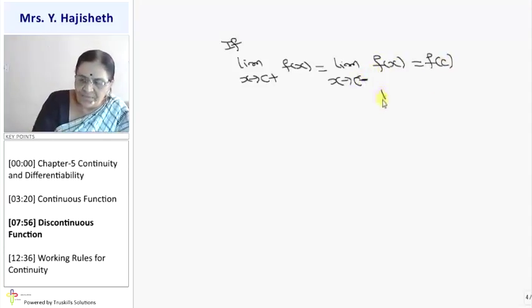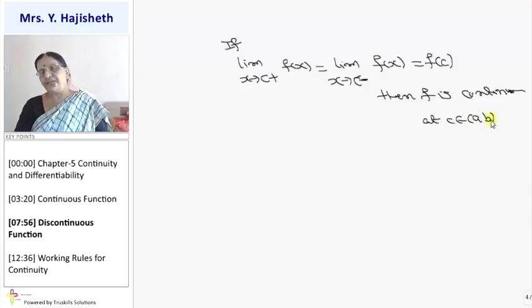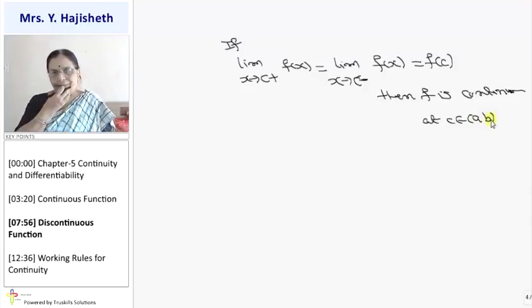If this happens, then f is continuous at c belongs to (a, b). Okay? Clear? (a, b) is an interval of R.